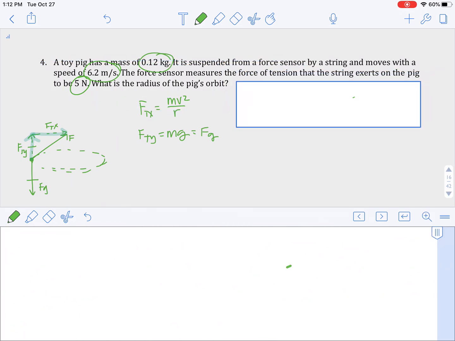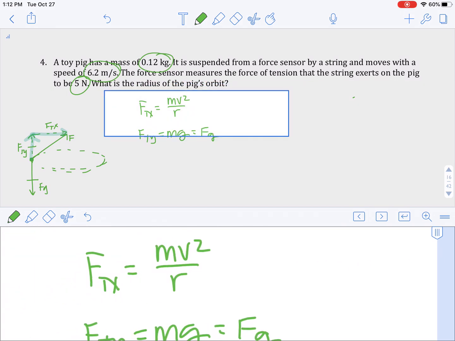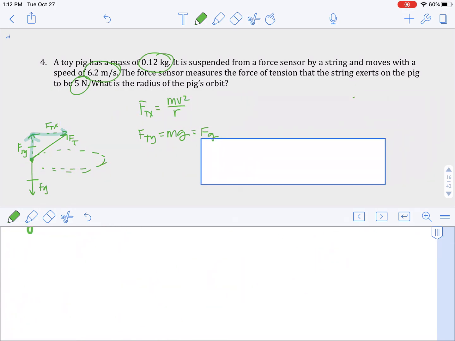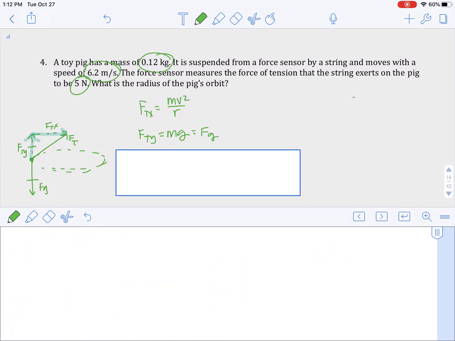So we're not given FTX, so we can't just plug that in for our net force. We're given the actual force of tension. So that's a little bit more complicated. So we have to get a little bit creative with this.